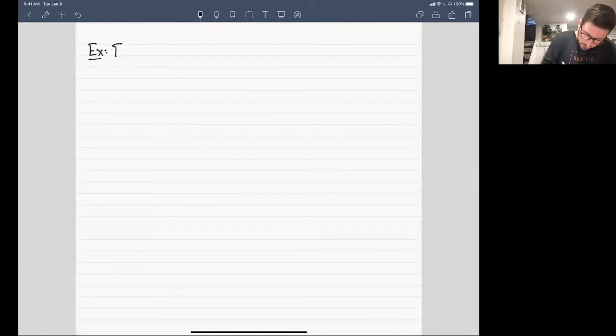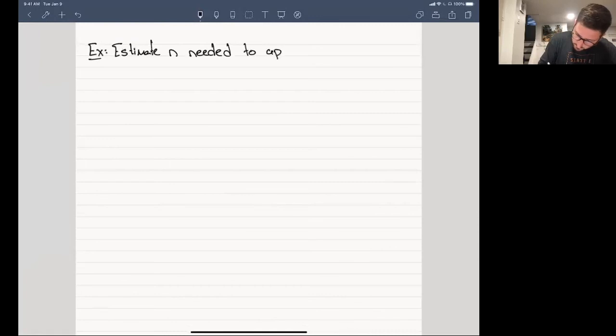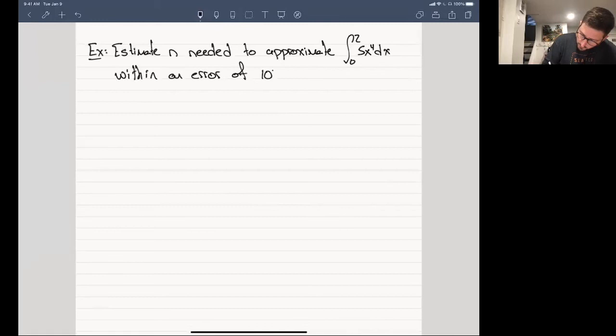So estimate n needed to approximate the same integral. We're going to use the same one, 5x to the 4 dx, within an error of 10 to the minus 4.